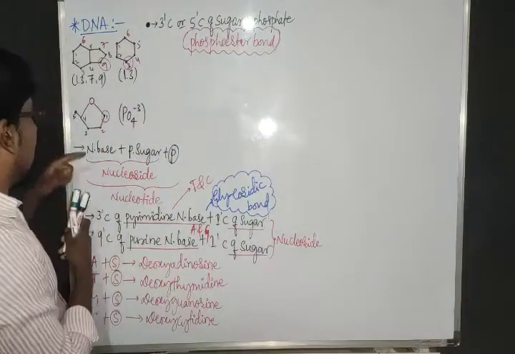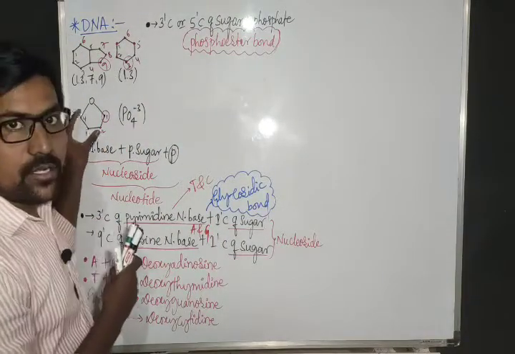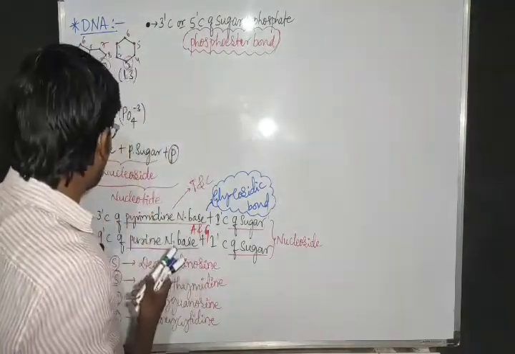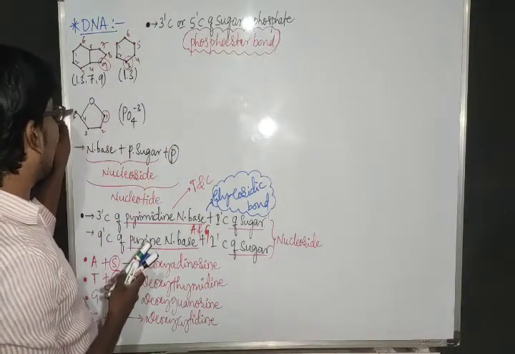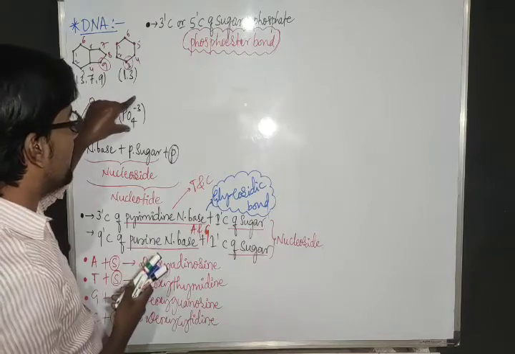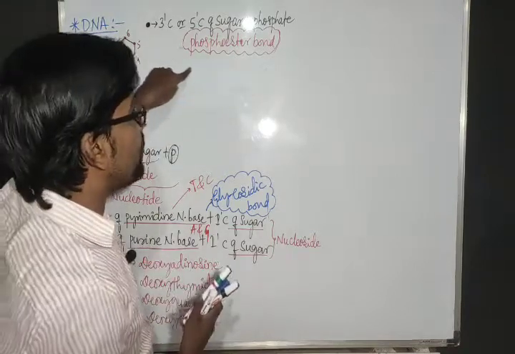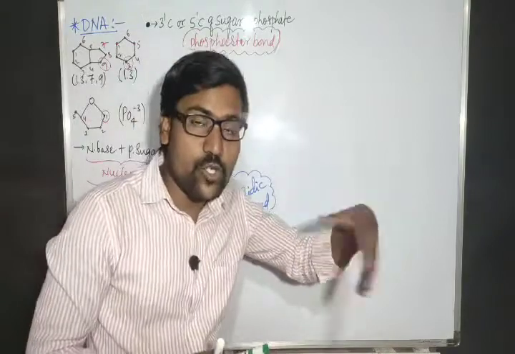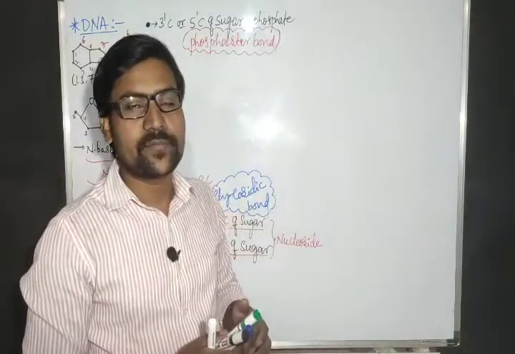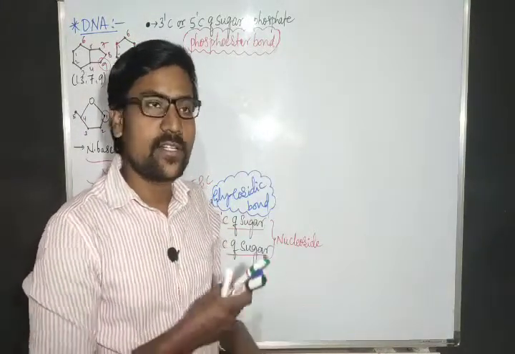When the third or fifth carbon having an OH group combines to the phosphate, then the bond formed is a phosphoester bond with elimination of a water molecule. Right? So this is the thing here.